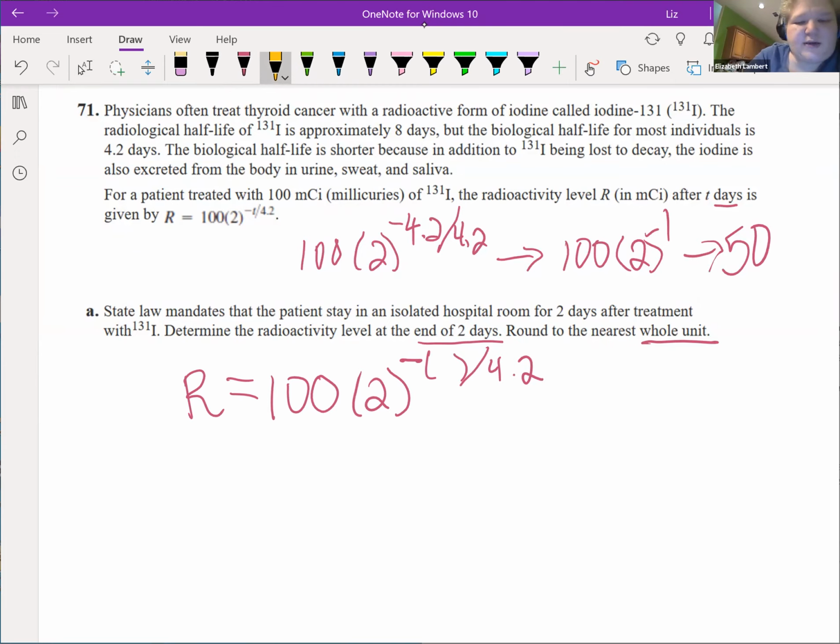Using a different color, the number we are substituting in is that 2. And now everything on the right side is a number. We can crunch all this on the calculator in one go. And that is going to give us the radioactivity level. Remember, radioactivity is measured in millicuries, named after Madame Curie.